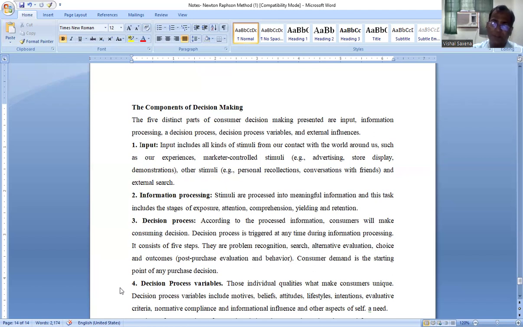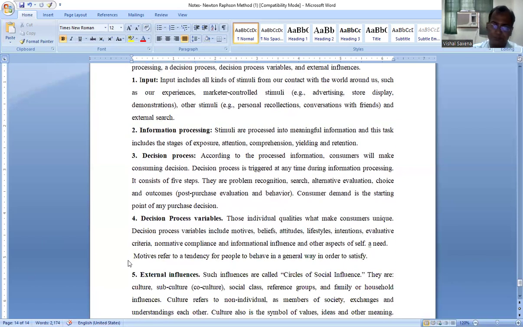So decision process variables deal with the variables involved in making decisions under several conditions, and those individual qualities which make consumers unique.